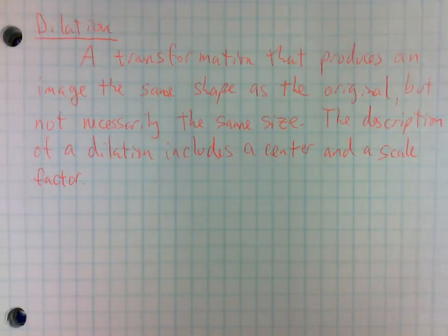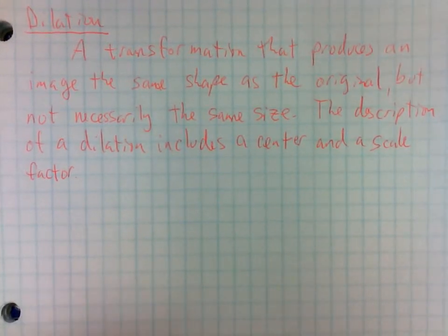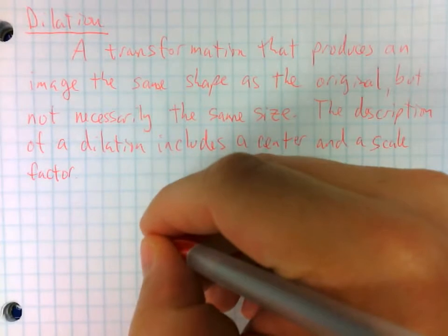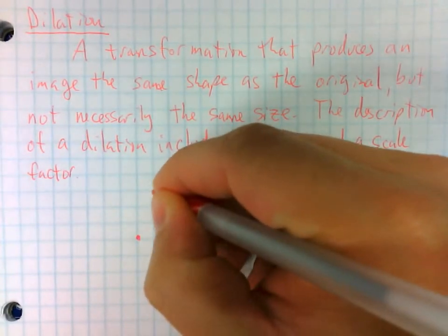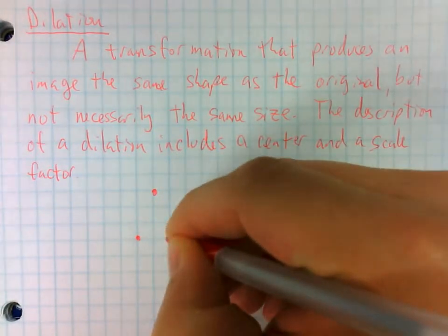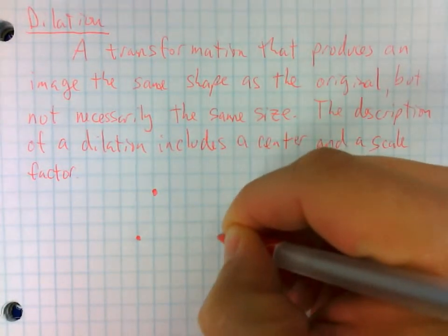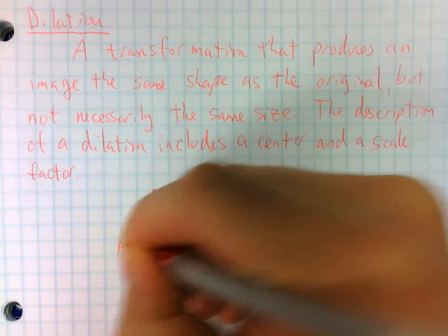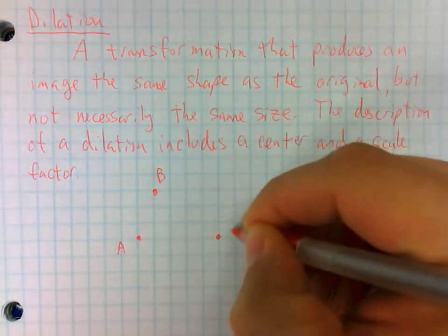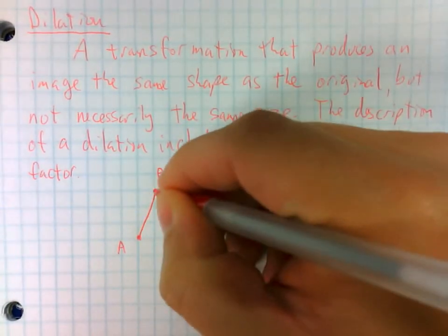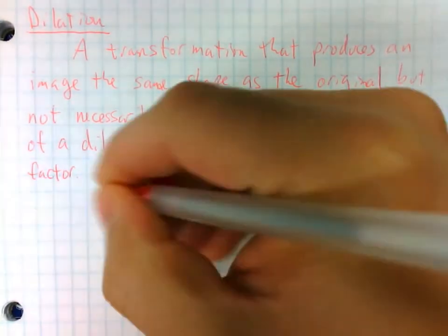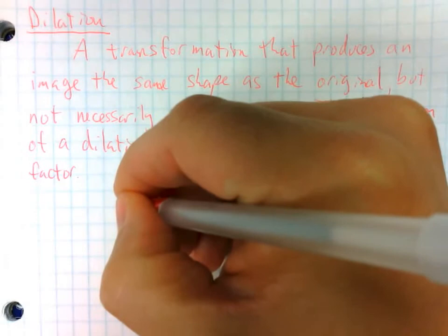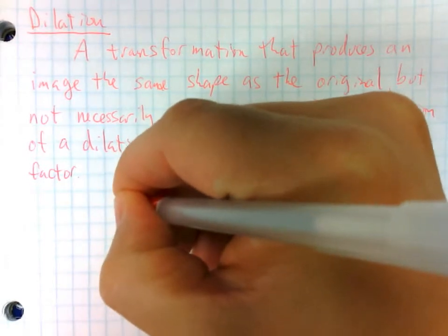All right, so let's start with a figure. Let's start with the triangle ABC. And we'll use this point right here as my center of dilation.